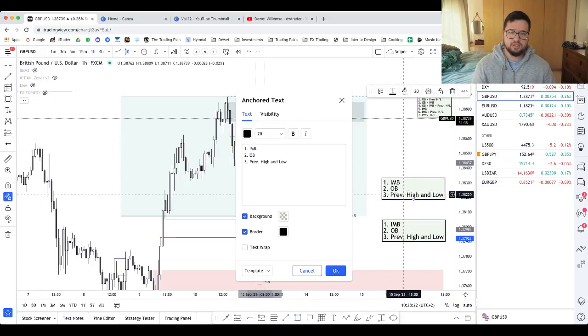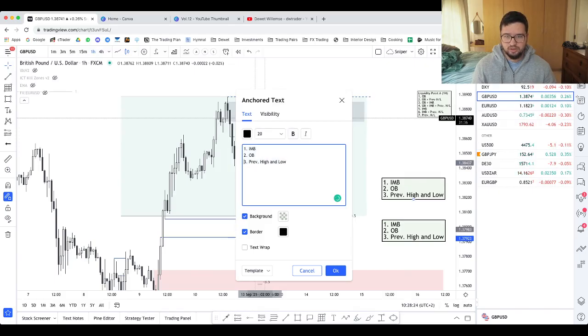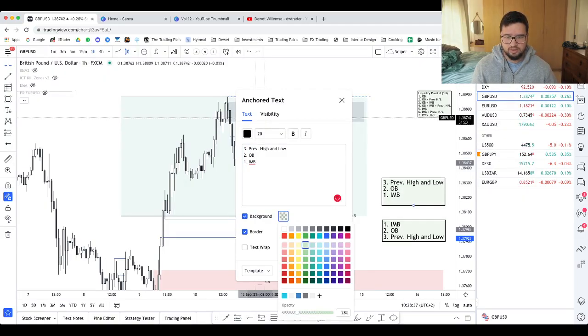moving. Now we just need to switch this around so we can just cut it like that. Let's just make it the color.